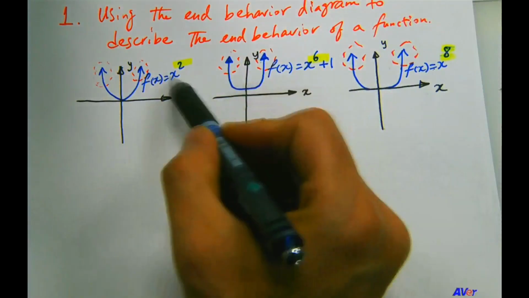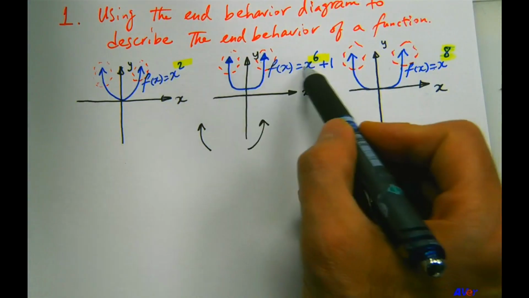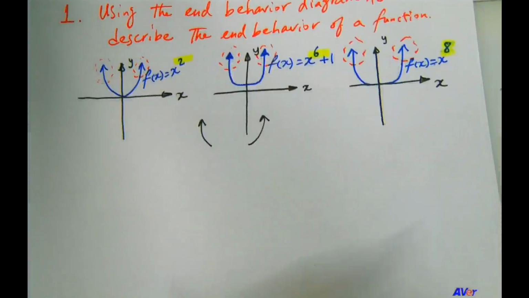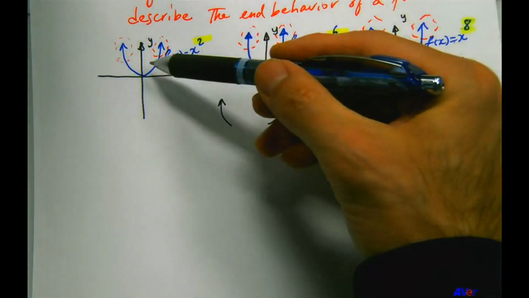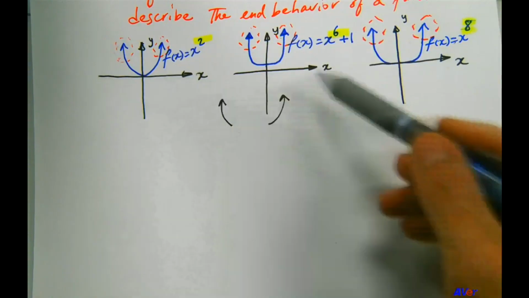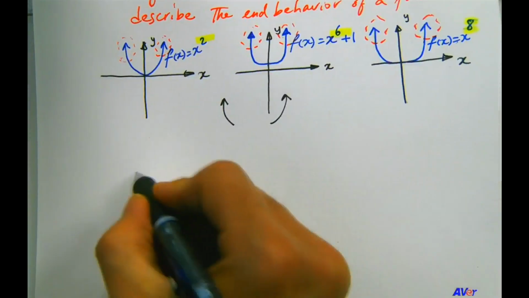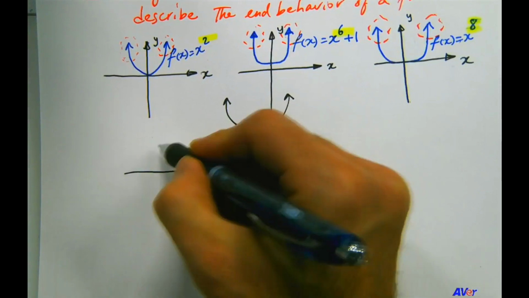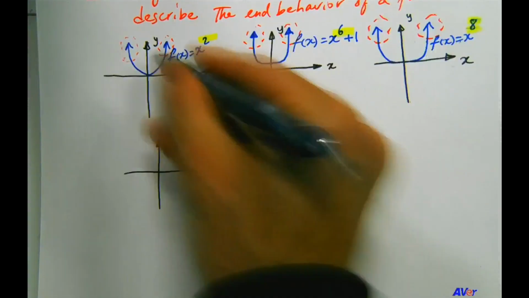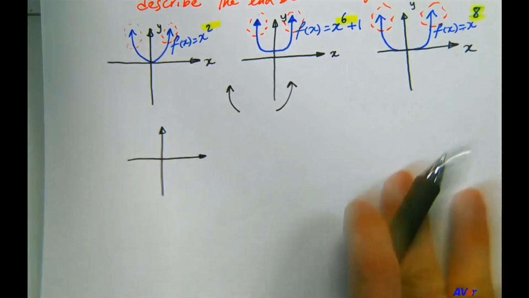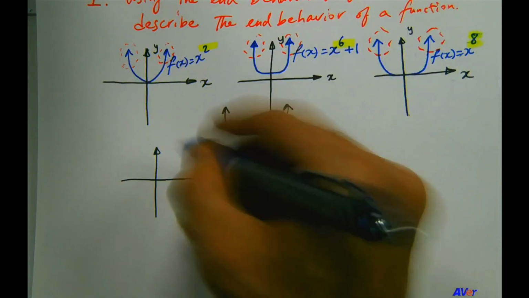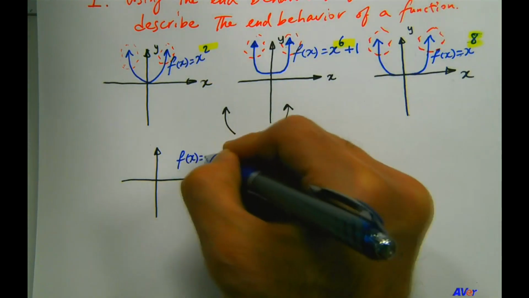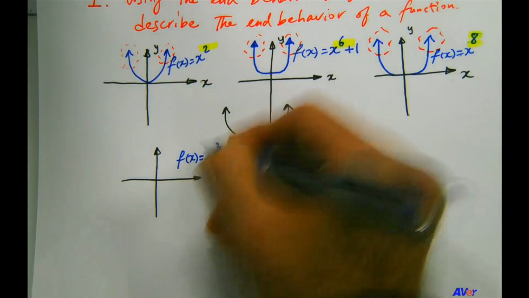Now what happens if we take these and put a minus in front of them? Well, they flip upside down and they reflect themselves across the x-axis. So this is what I mean. Suppose we do that with this one. Let's graph f of x equals minus x squared, right?